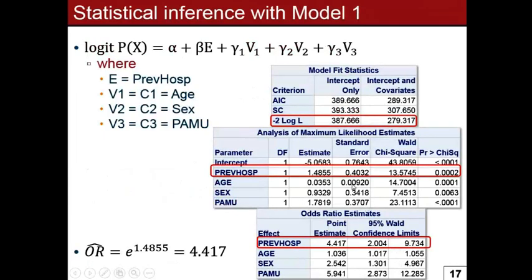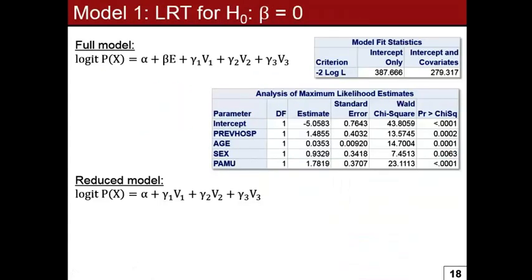You would use these two pieces to do that. So 0.4032 is the standard error of that estimate around previous hospitalization, right? The standard error represents the uncertainty with which we are estimating this. You put those two pieces together and bam, you've got a confidence interval. Okay, so these are the three key pieces that you need to do your statistical inference.